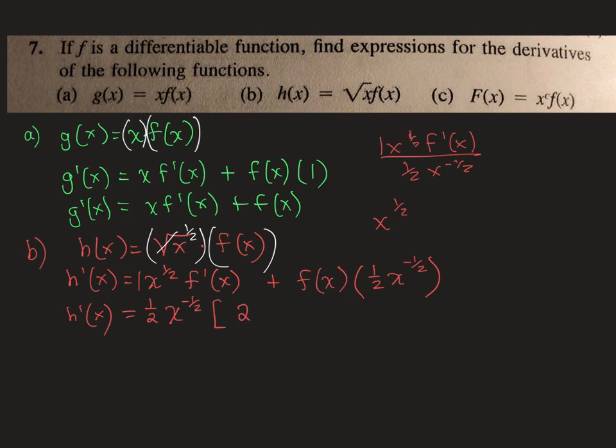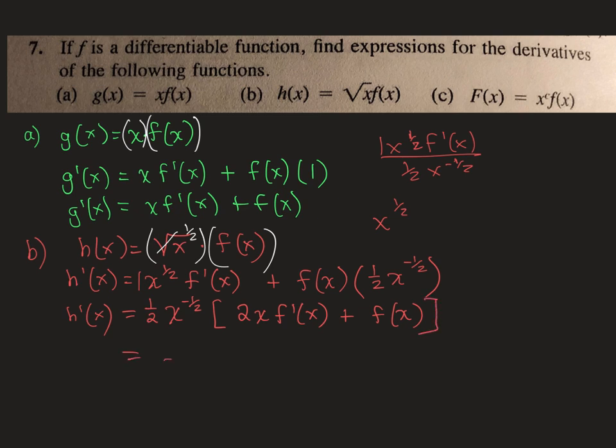And then x to the 1/2 divided by x to the negative 1/2, you subtract the exponents when you're dividing powers. So that would end up being 1/2 minus negative 1/2, which would be x to the 1, so just x. And then of course f prime of x is still there, plus, and then the second term, f of x would still be there, but the rest of that would be gone because we divided by it, it would equal 1. And there we go.